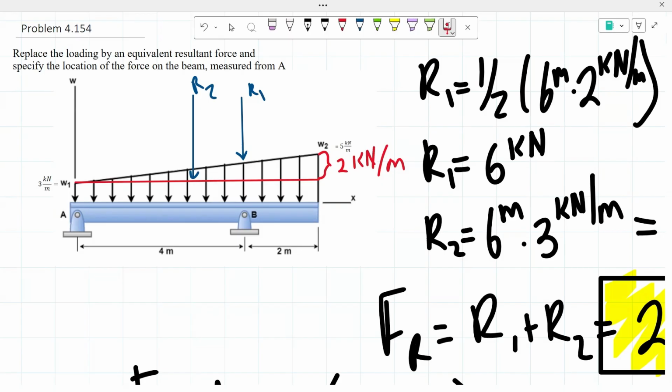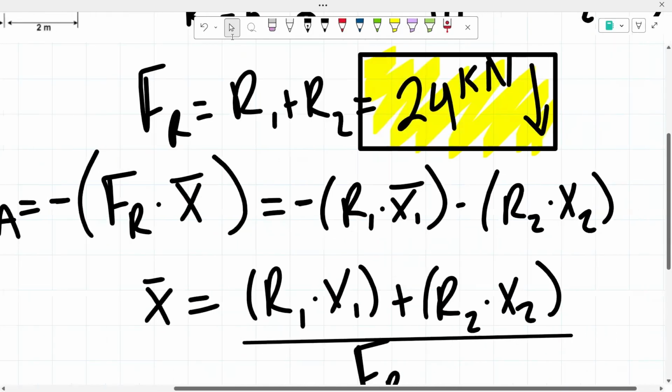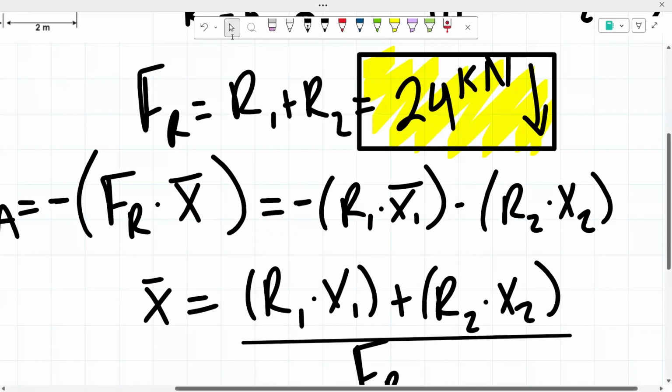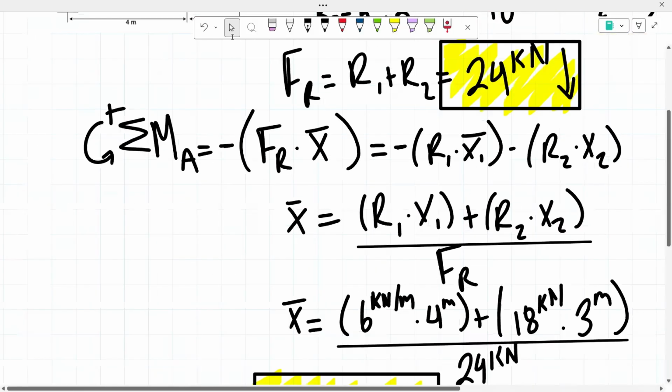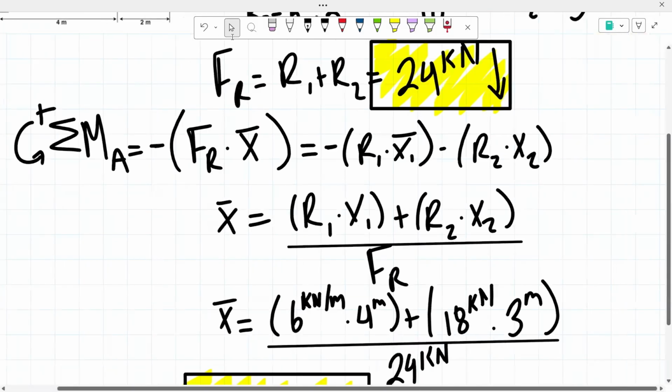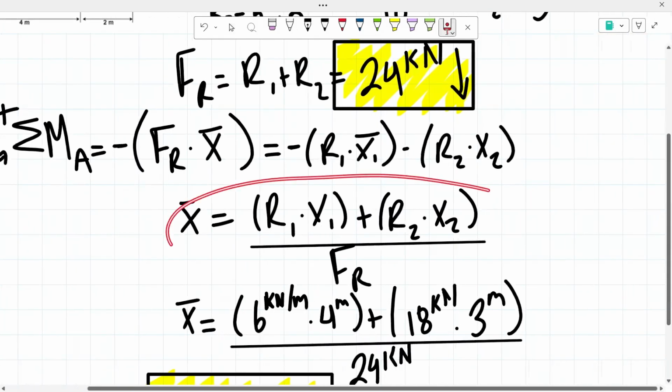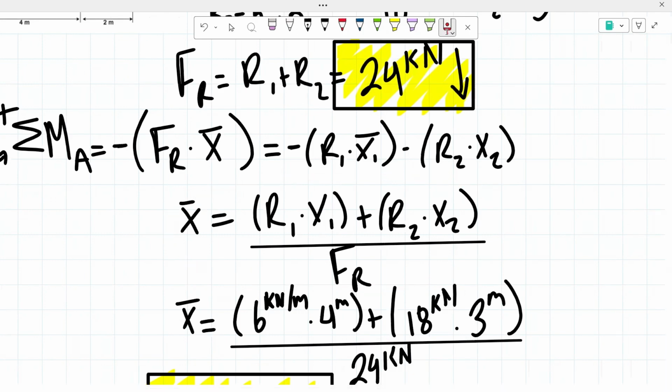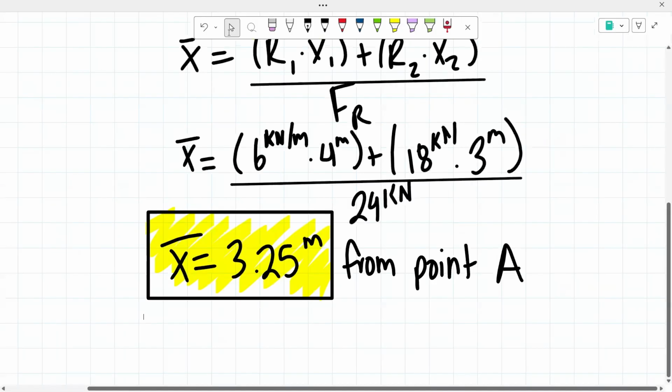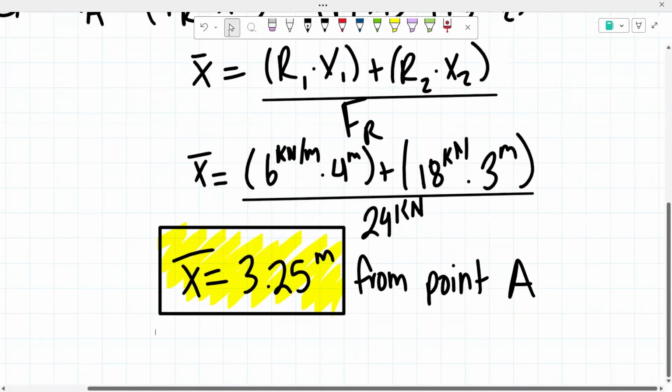Then we also determined their locations. Our resultant force is equal to the sum of our two forces, giving us the magnitude of that equivalent resultant force. Then to determine the location of our resultant force, we used this equation. We simply plugged in all of the information that we knew, giving us that our location is 3.25 meters from point A.